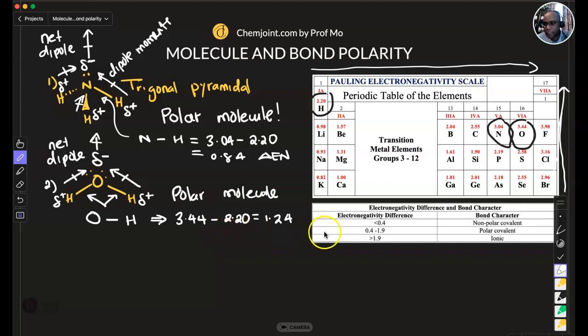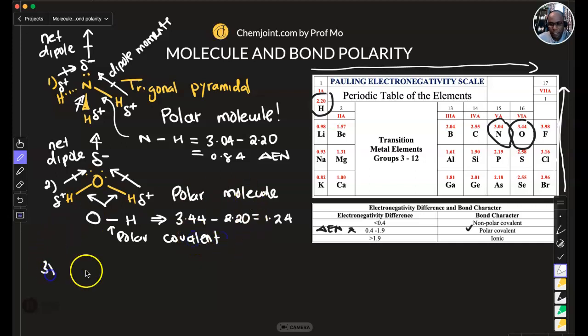You'll see that ΔEN is between 0.4 and 1.9. Our judgment is that those OH bonds are polar covalent. There was sharing of electrons.